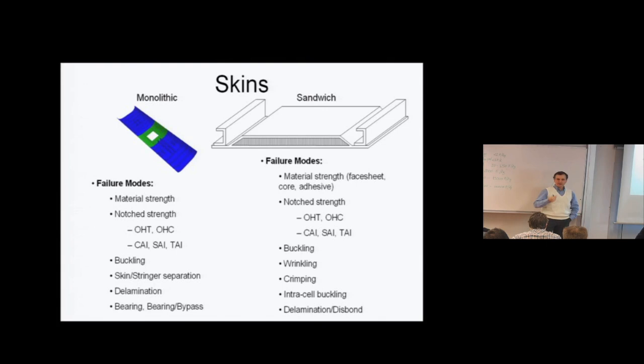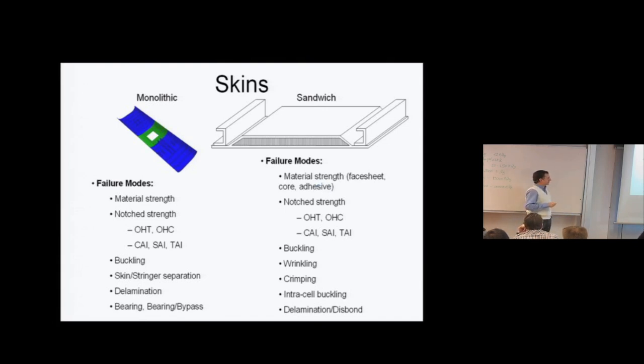But that is usually not even of interest, because you have to design the so-called damage-tolerant design. You have to design with typical damage present, because it's unavoidable that this will happen.